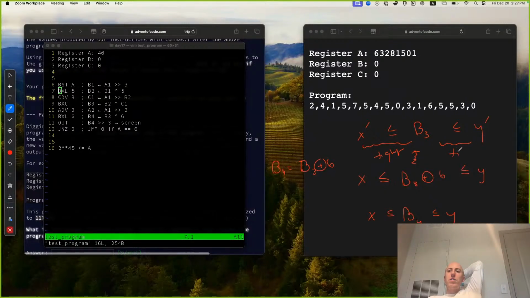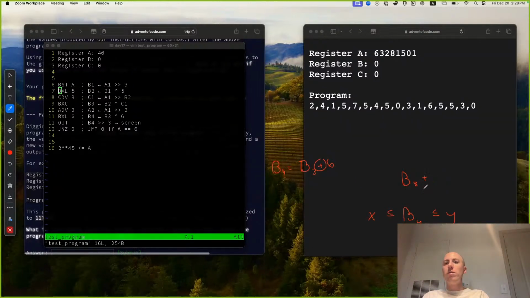We don't just want B3 to be greater than or equal to some number. We could just say it's greater than 0, but we want it to be tight. I mean, we could look at it with real numbers.